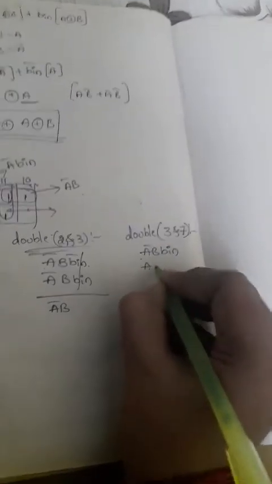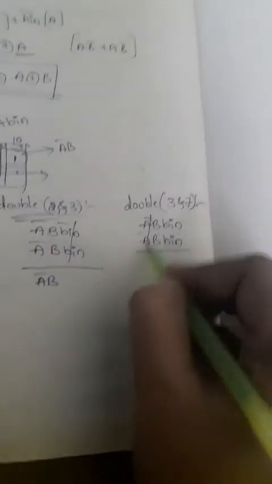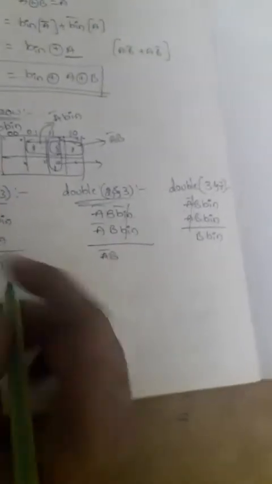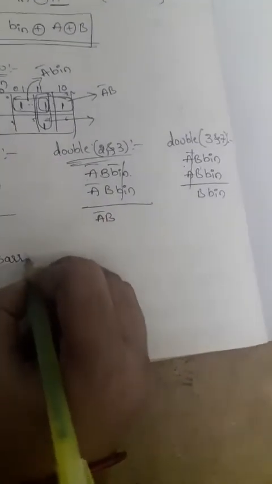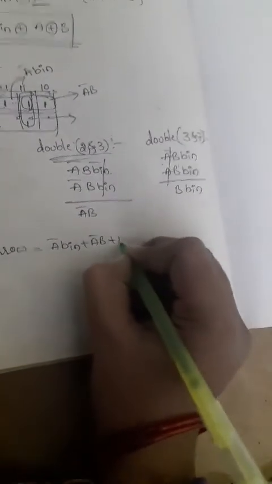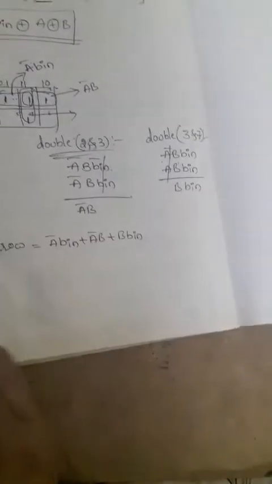And 7 is nothing but all ones. So A complement cancels, then we'll get B, B in. So now the result for borrow is adding all the prime implicants: A bar B in plus A bar B plus B B in.